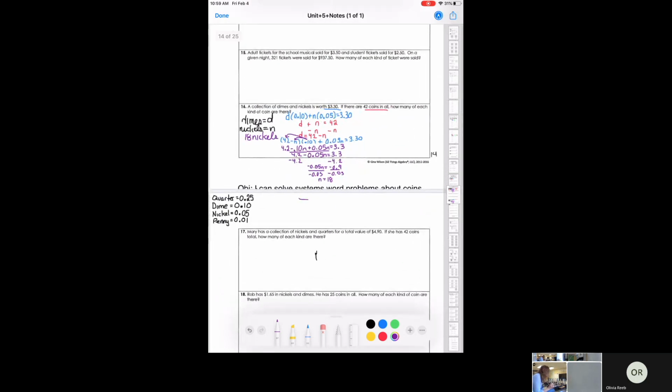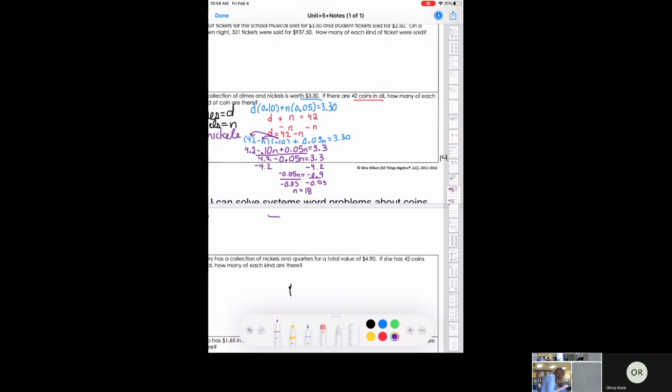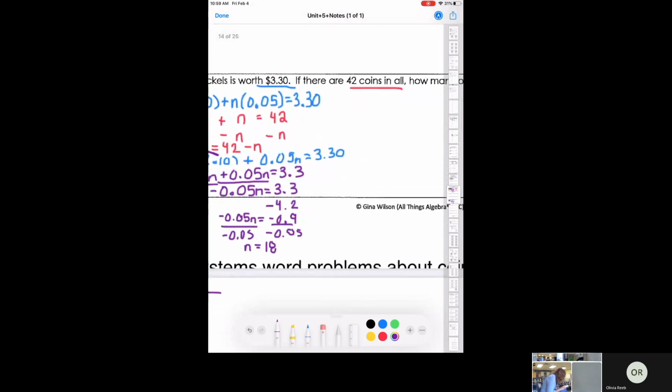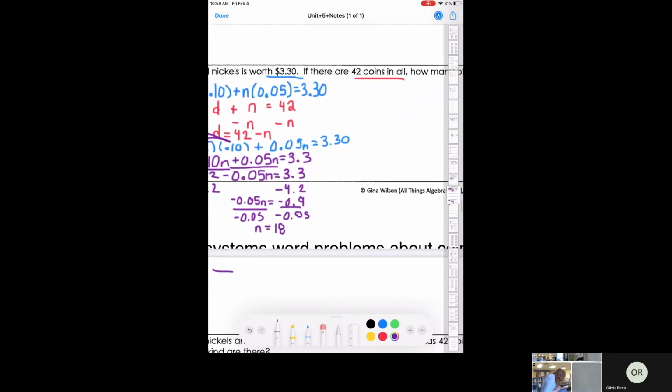Now they're asking for both kinds of coins, how many of each coin. So now we need to find the number of dimes. I'm going to plug it into my bottom equation because that bottom equation looks a lot easier. Keep in mind our N is 18. So we have the equation D plus N equals 42. My N is 18, so I have D plus 18 equals 42.